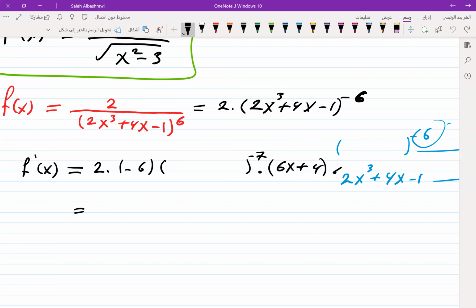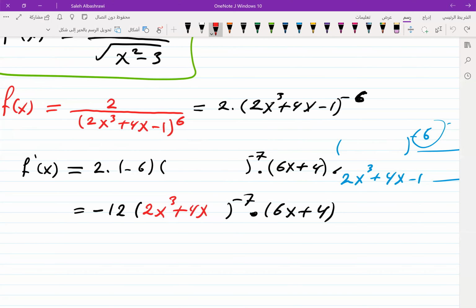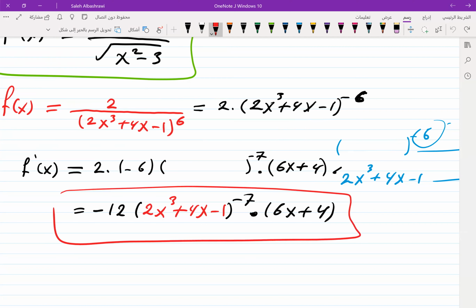So it can be written as minus 12 times bracket to the power minus 7, multiplied by 6x^2 + 4. What is inside that bracket? It is the original function, which is 2x^3 + 4x - 1. So this is the derivative of the given function.